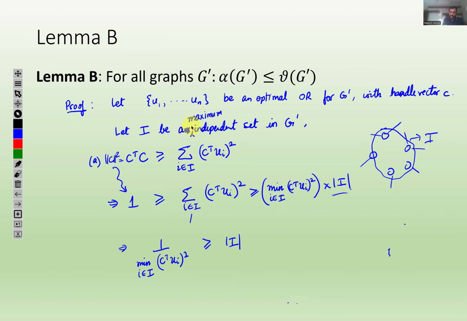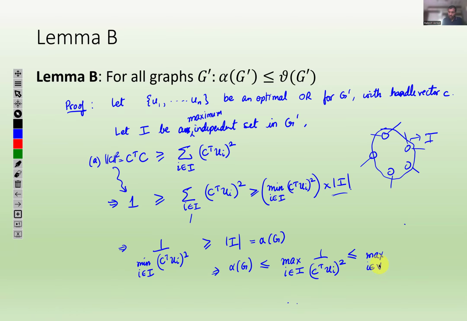Okay. To be more concrete, I need not do this quite frankly, but let I be a maximum independent set in G, in which case this is alpha of G. So I can switch the minimum to a maximum, sorry, I'm just changing it to the numerator. And this in turn is at most the maximum over all vertices. Here I'm going only over vertices in the independent set until now.